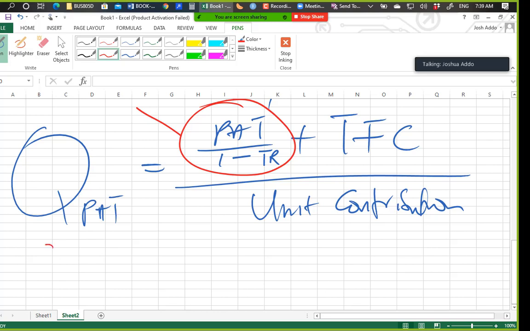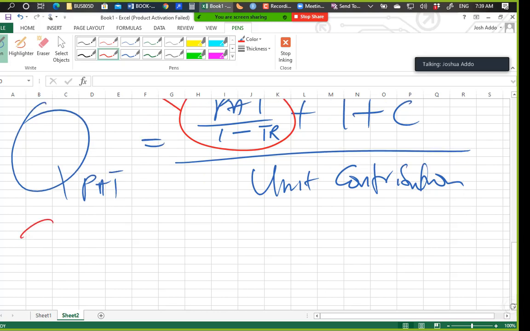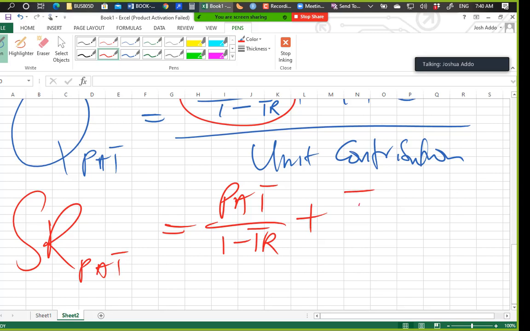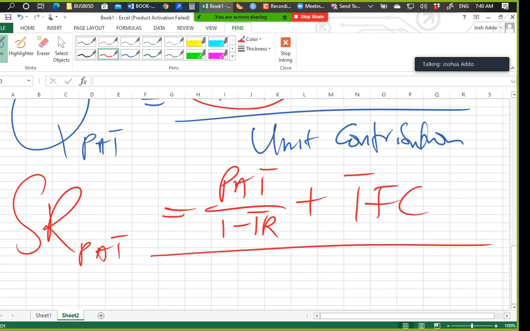The same profit after tax target, the sales revenue to generate to get that profit after tax is equal to that profit after tax divided by 1 minus TR, TR means tax rate, plus total fixed costs, all divided by contribution to sales ratio. So you know the formulas are not too difficult to understand. They make sense.